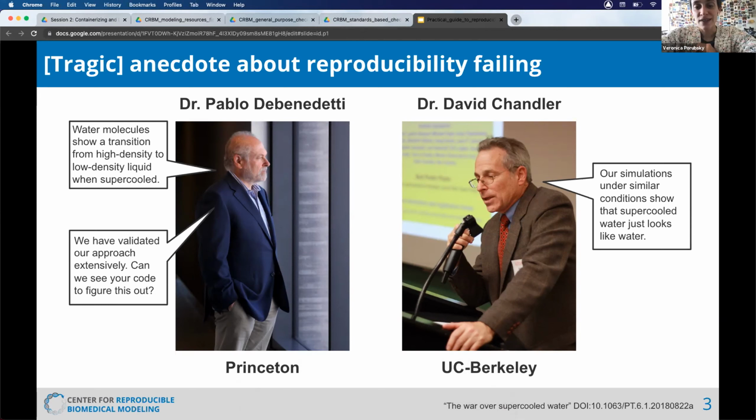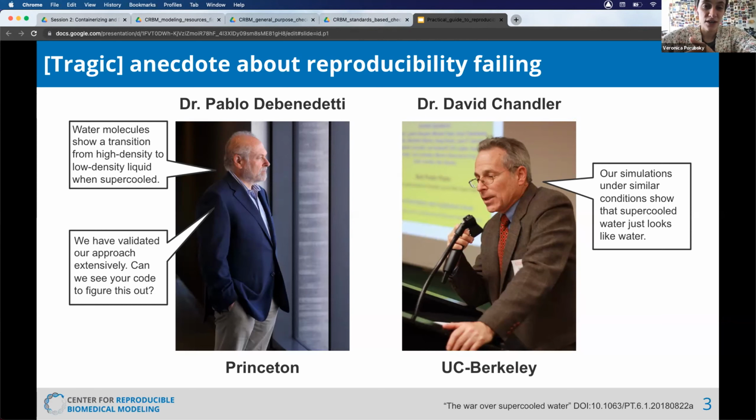Dr. De Benedetti's group found that liquid water could transition between a high density and a low density state without freezing, but Dr. Chandler's group simply found that there was a single state, and they didn't observe this change in their simulations. Since Dr. Chandler was more well known in the field, it was pretty difficult to oppose his findings with great success.